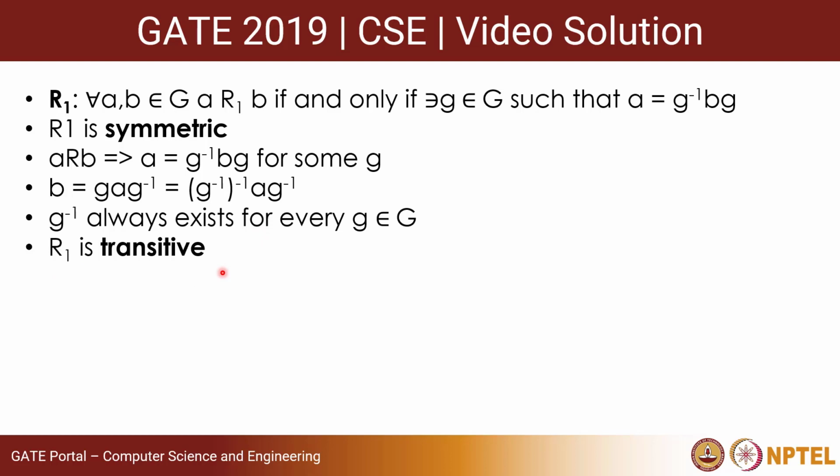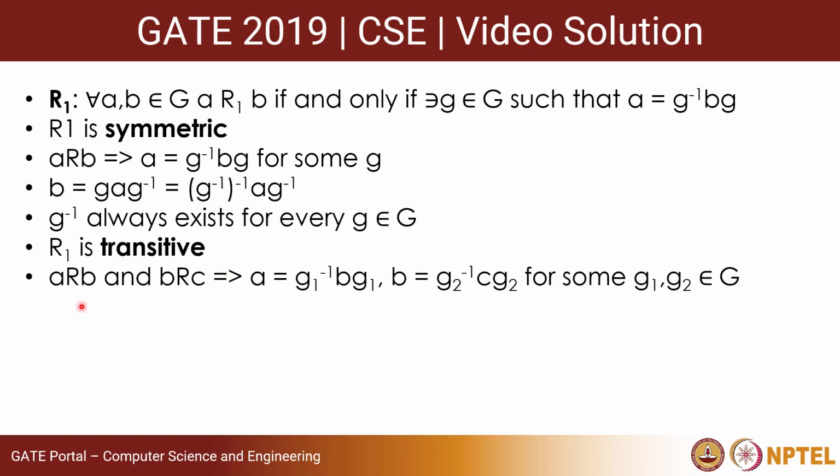R1 is also transitive. Let us see how. Now a related to b and b related to c meaning a is g1 inverse b g1 and b is g2 inverse c g2 for some g1, g2 belonging to capital G. So substituting b, a is g1 inverse g2 inverse c g2 g1, and we can write g1 inverse g2 inverse as g2 g1 whole inverse, so a is g2 g1 whole inverse c g2 g1.